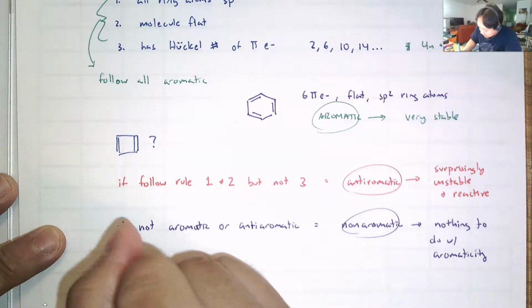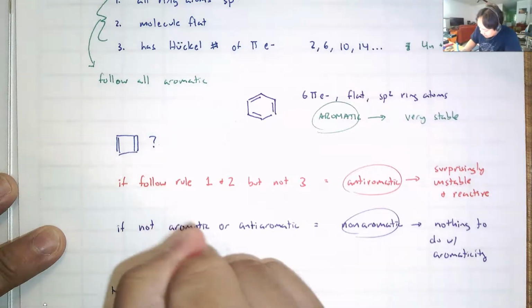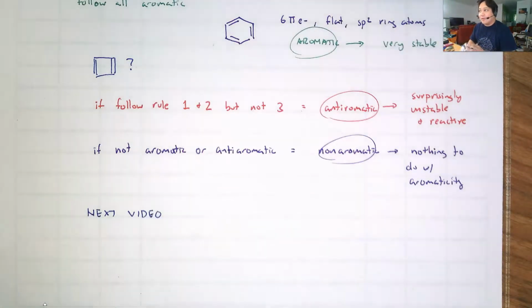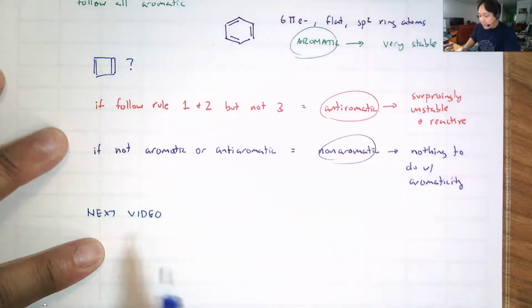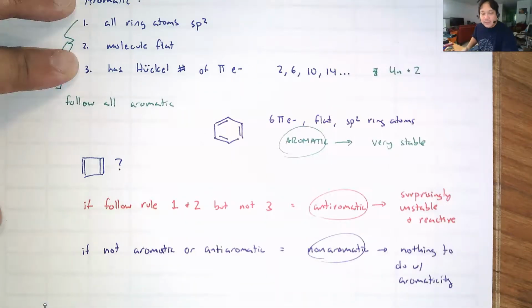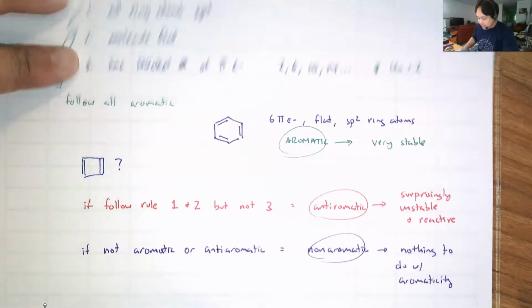Next video. Again, I didn't explain what's behind the curtain. Why do these rules add extra stability?